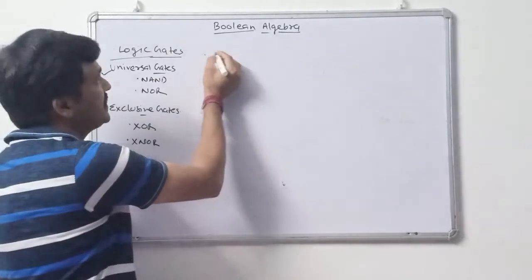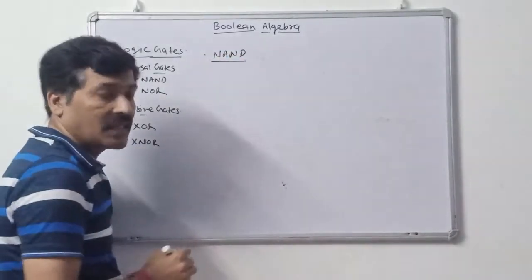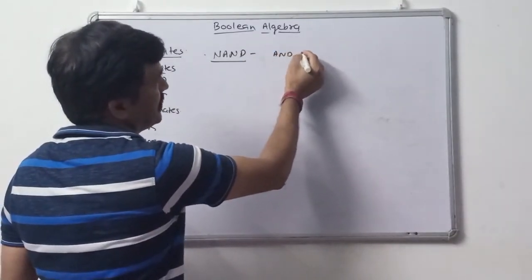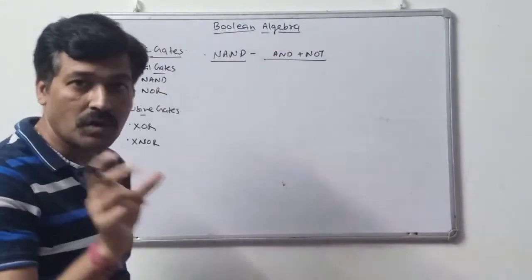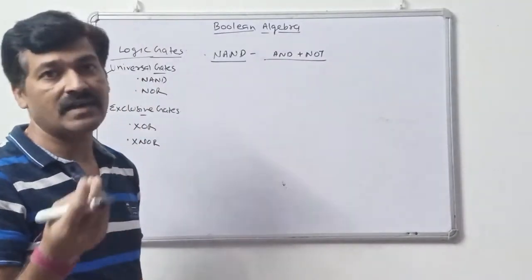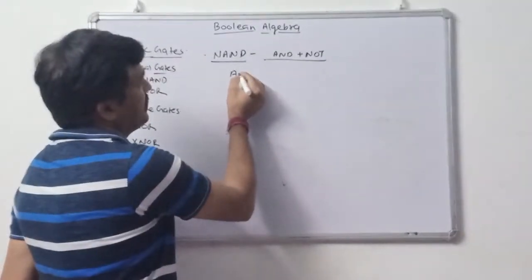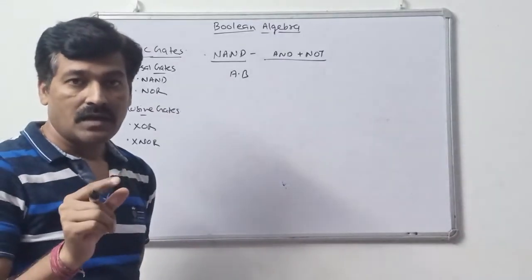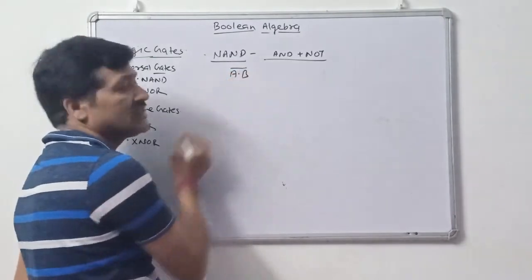The first one is NAND. Look at it. NAND contains AND plus NOT, meaning a combination of AND and NOT. If A and B is the expression given with a whole bar, it means NOT.